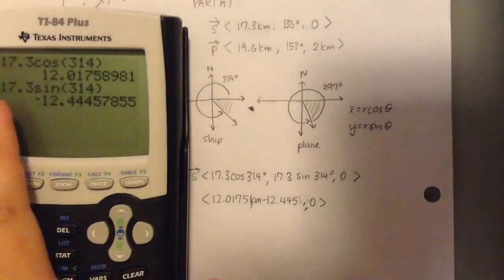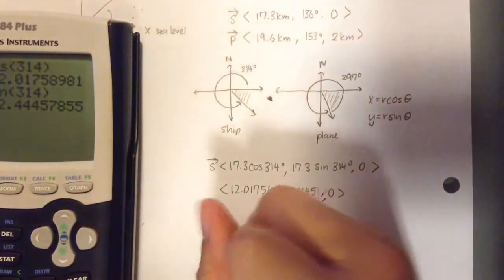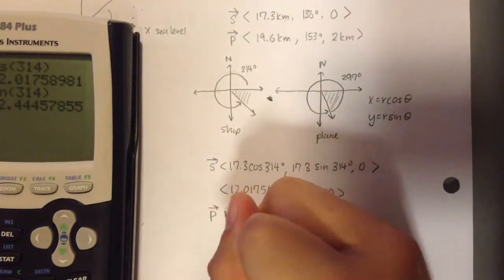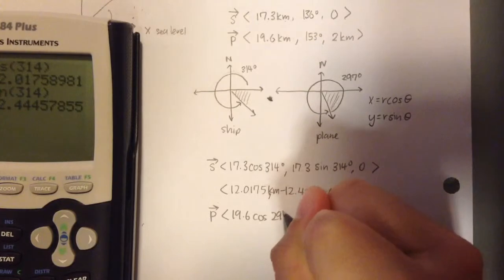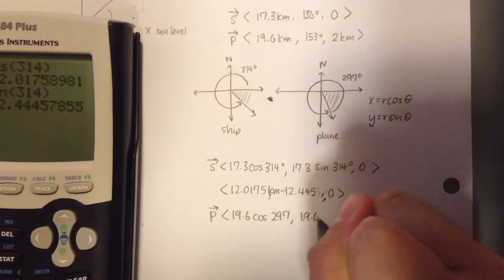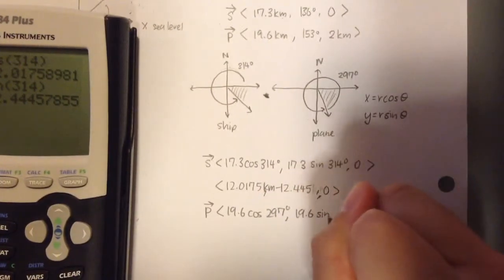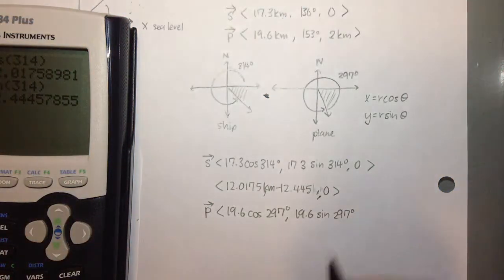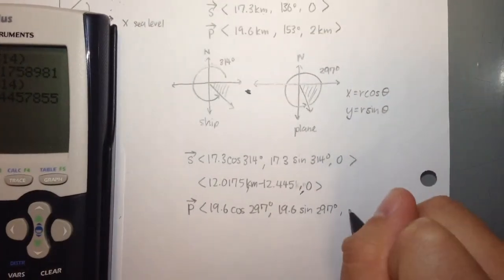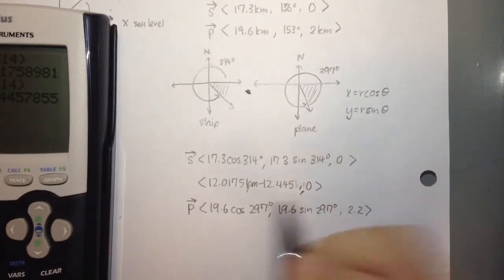And now we're going to change the plane vector into Cartesian form as well. It's 19.6 cosine 297, 19.6 sine 297, and then this is going to be 2.2 since we already know what that is.